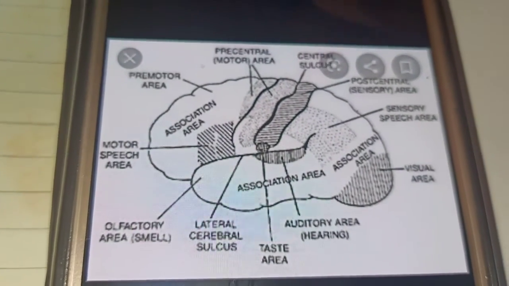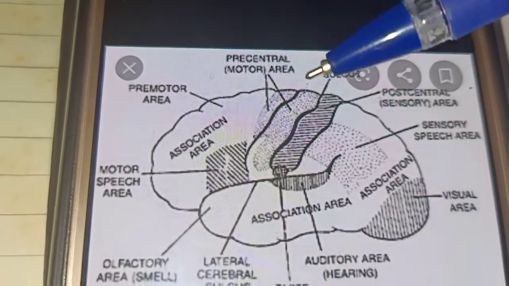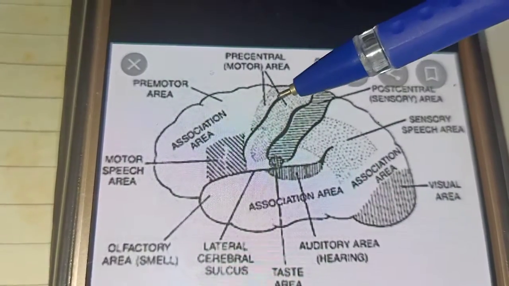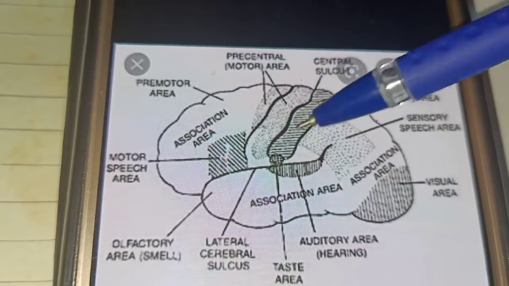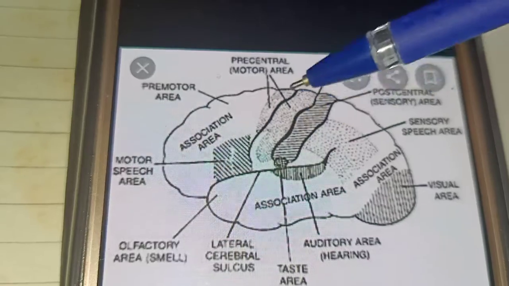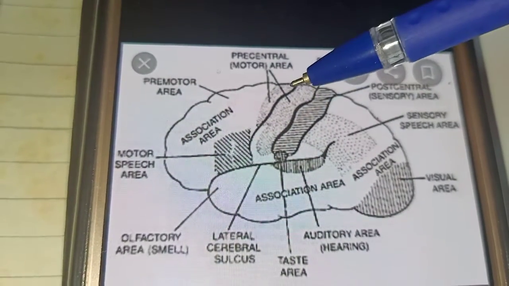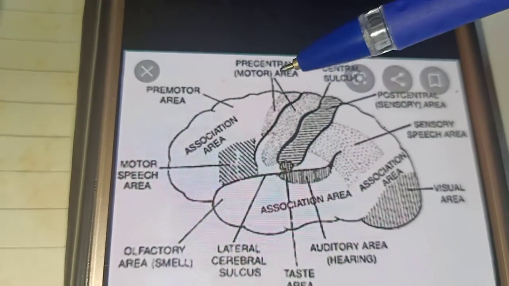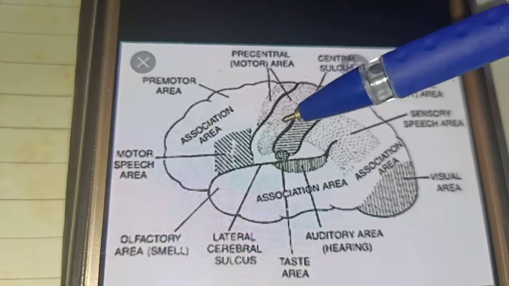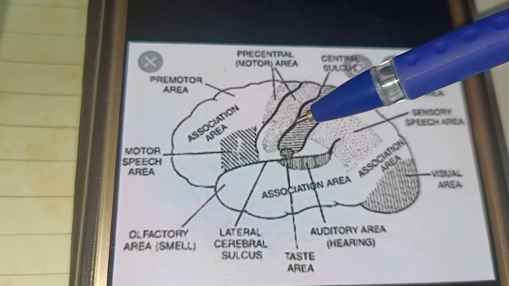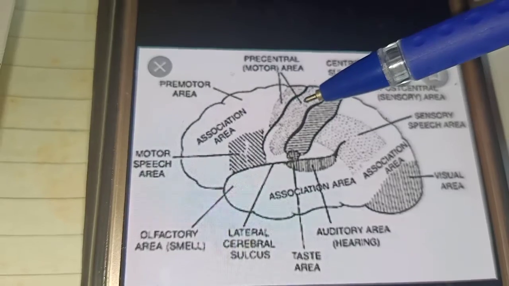So for the motor area, you can see just ahead of the central sulcus, this is the precentral gyrus, which I have already told about. So this is the precentral motor area. This is the premotor area which is involved in involuntary muscles.